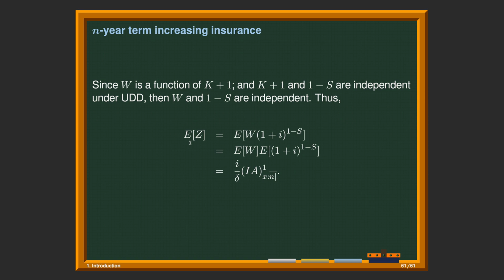So to get the expectation of Z, that would be the expectation of W times 1 plus I raised to 1 minus S. Since W and 1 minus S are independent, we can write it this way: the expectation of W times the expectation of 1 plus I raised to 1 minus S. But from the previous slide, this is I over delta, and this is now the net single premium of an n-year term insurance that is increasing.